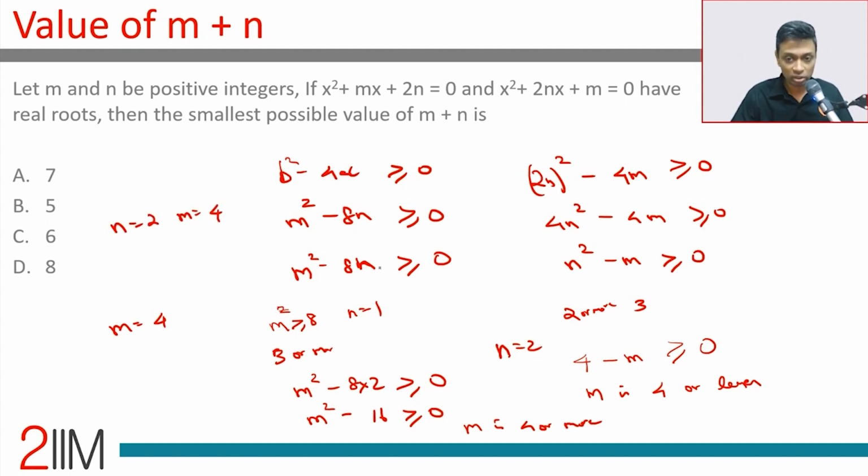It just works. This side becomes 0, that side becomes 0. Both times the real roots are equal, but it works. 2 plus 4 is 6. Nothing else will work. That much we know.